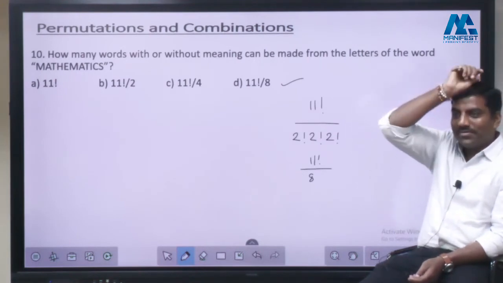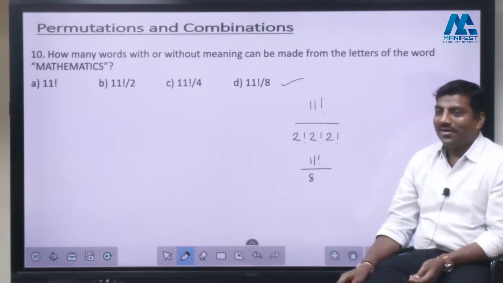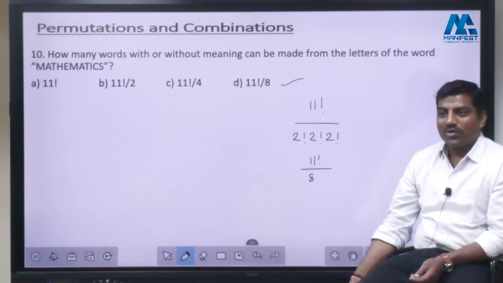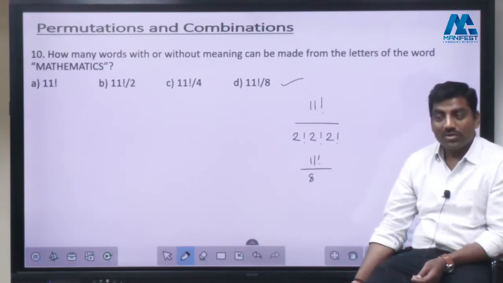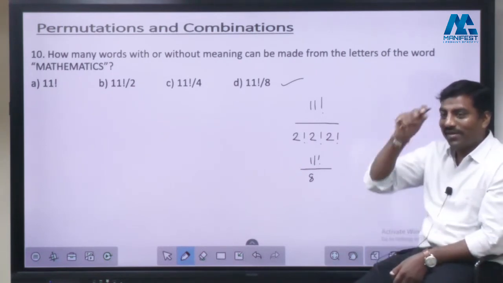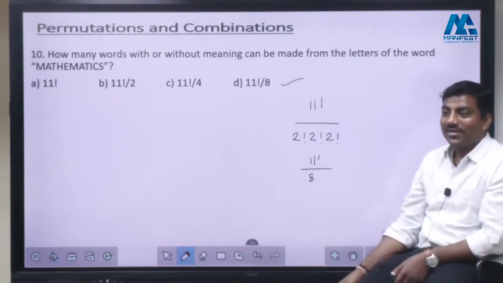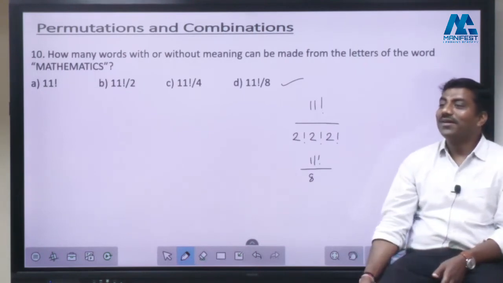Okay. 4. Okay. H are 2, A are 2, T are also 2. Initial don't take. Anyways, you calculate later. By 2 factorial. Done.